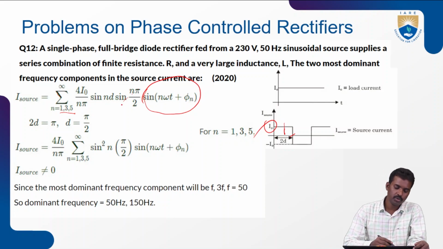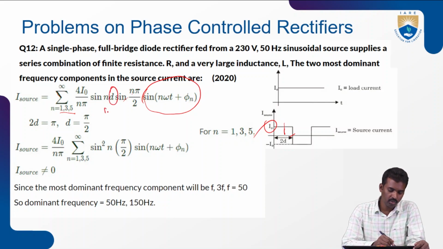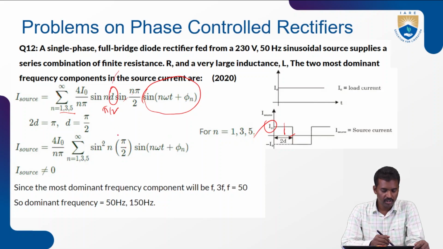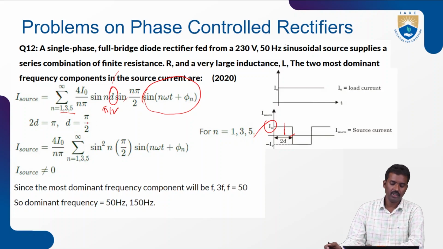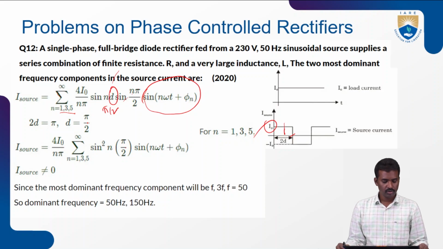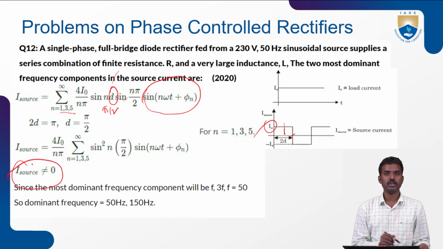So now if you substitute d equals pi by 2, this equation simplifies to sin square n pi by 2, sin of n omega t plus phi, sigma n equals 1, 3, 5 to infinity. So now here I source is always not equal to 0.